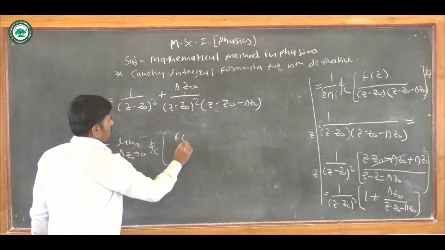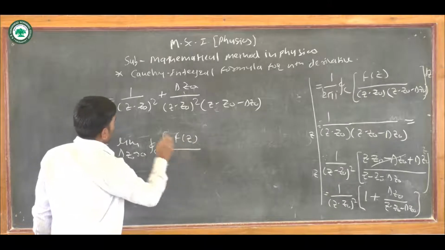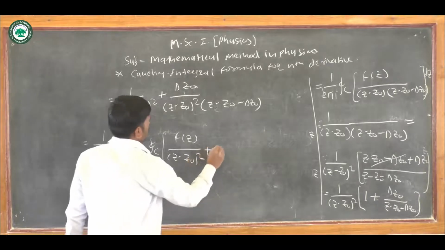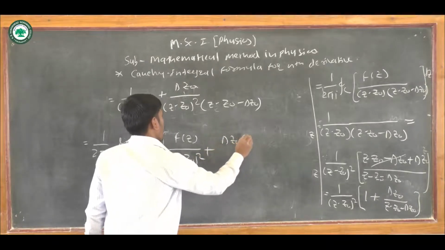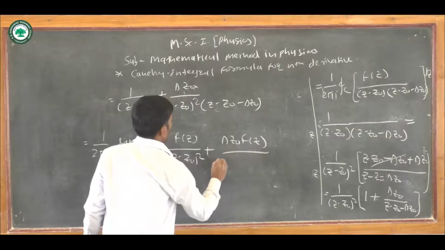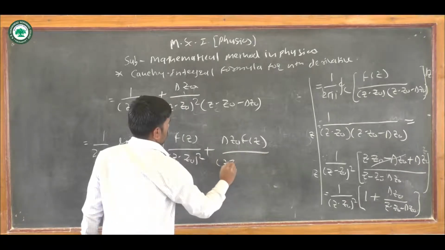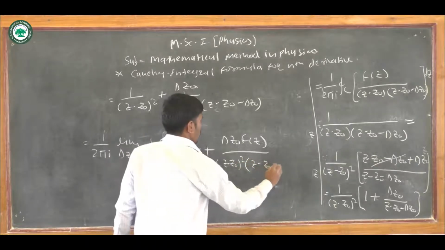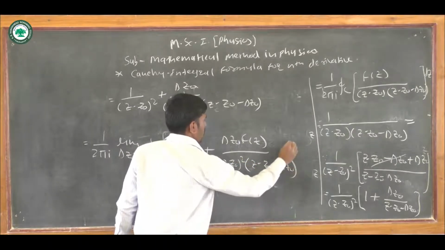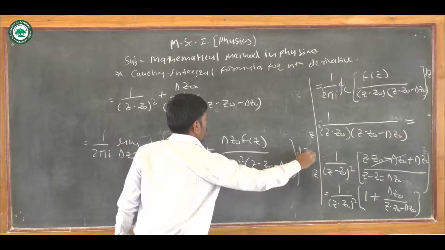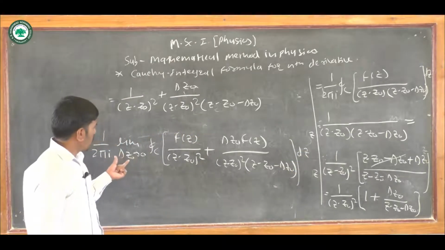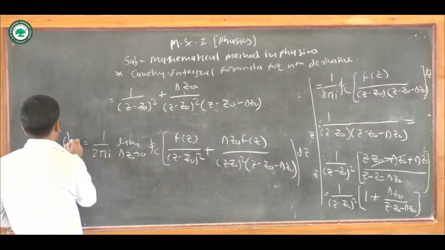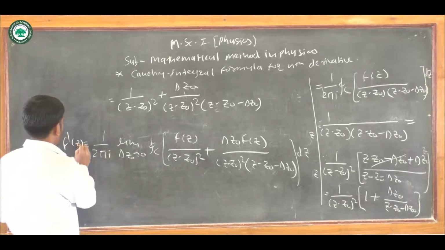So this f of z divided by z minus z naught whole square plus del z naught f of z divided by z minus z naught whole square, z minus z naught del z naught into dz. Okay, so this is the expression for f prime z naught.